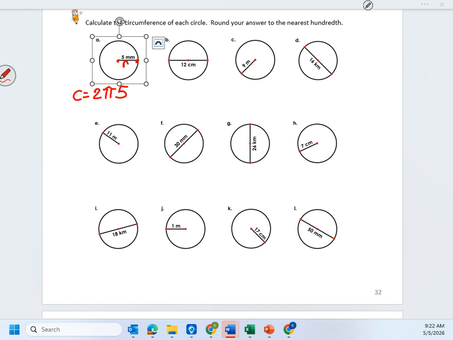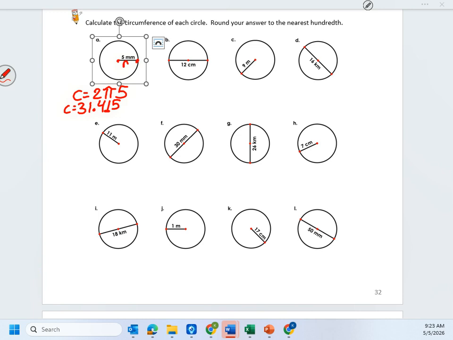So, who has their calculator and can use the pi button? If we're going to use that pi button, what do we get for our answer, Matt? 31.415, and we are going to round to that 100th place.